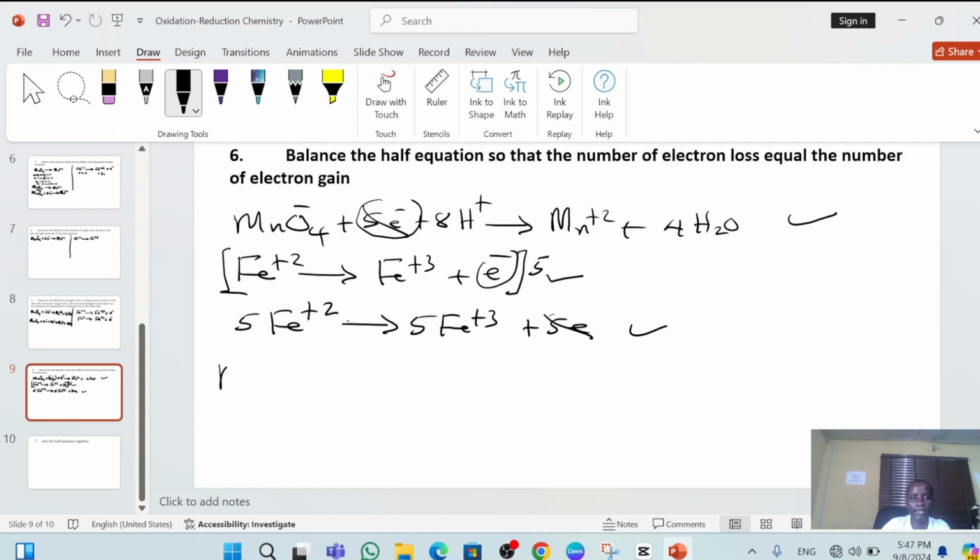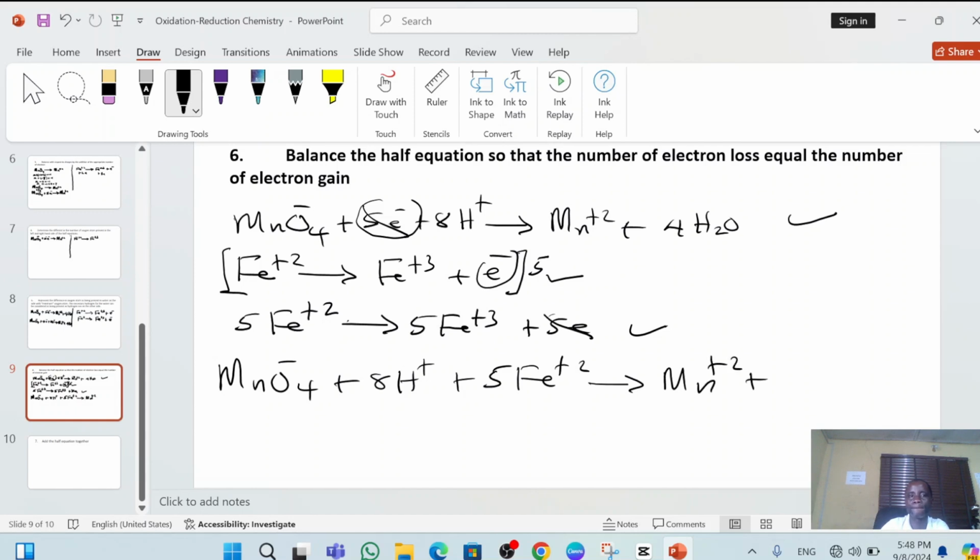The first one is MnO4 minus plus 8 hydrogen ions plus 5 iron 2 plus gives Mn2 plus plus 5 iron 3 plus plus 4 molecules of water.